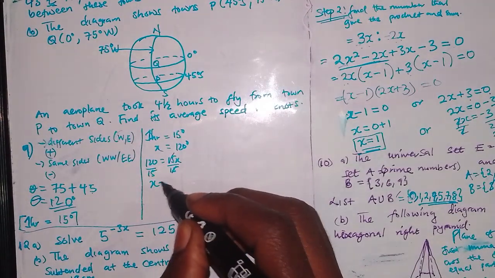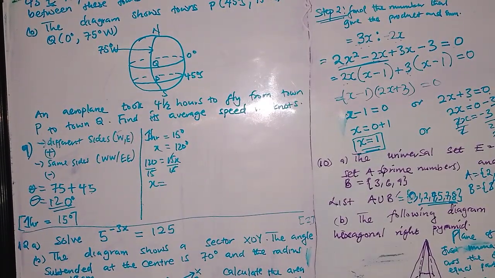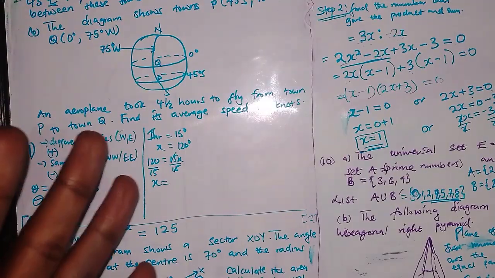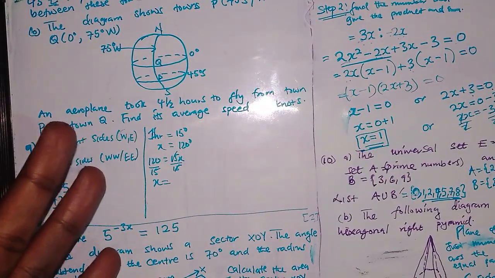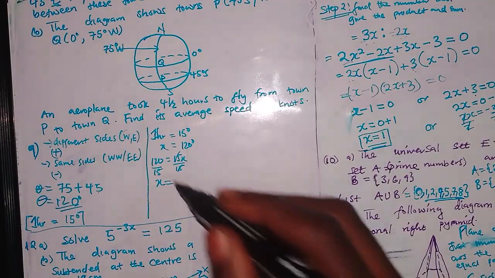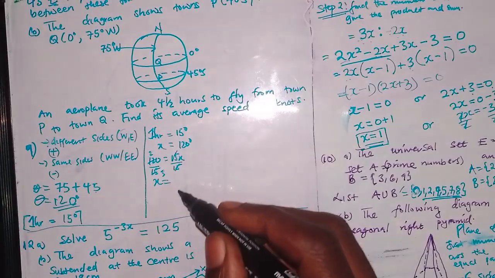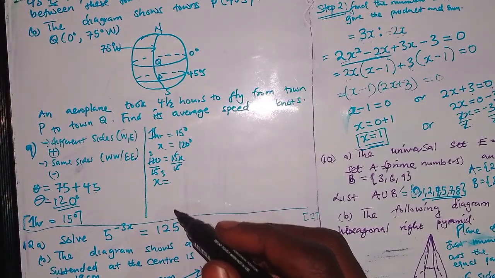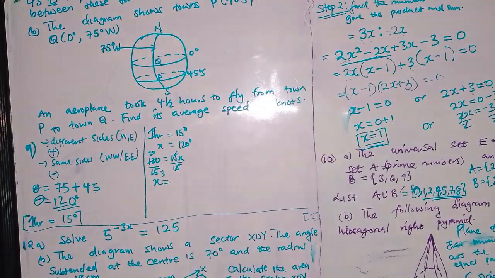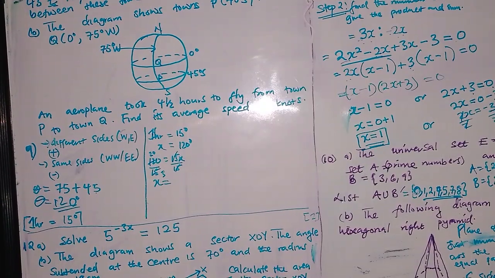So our x is equal to what? 15 into 120. So you say 5 into 15, we have 3. 5 into 12, we have 2, remainder 2. Then 3 into 20 is how much? 8.